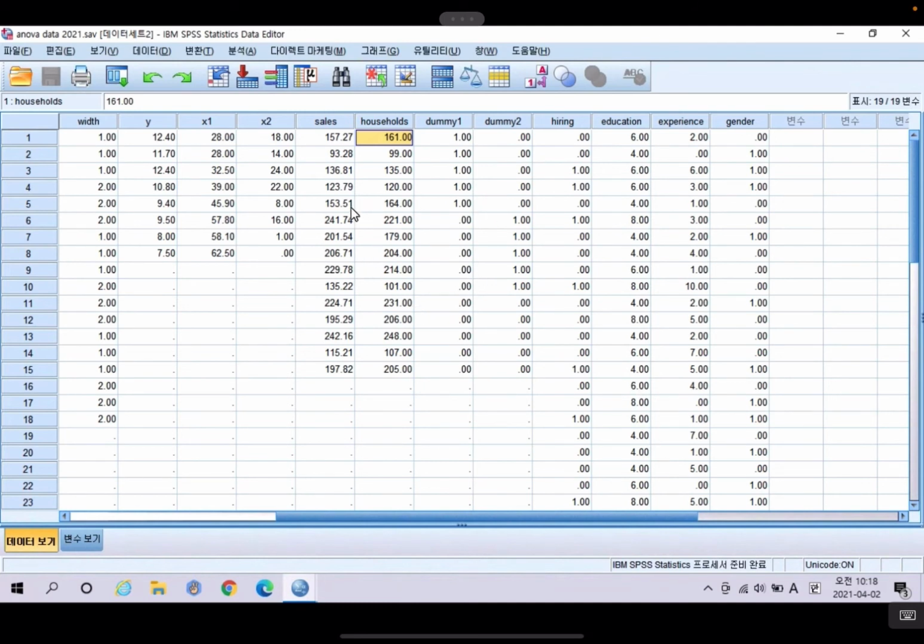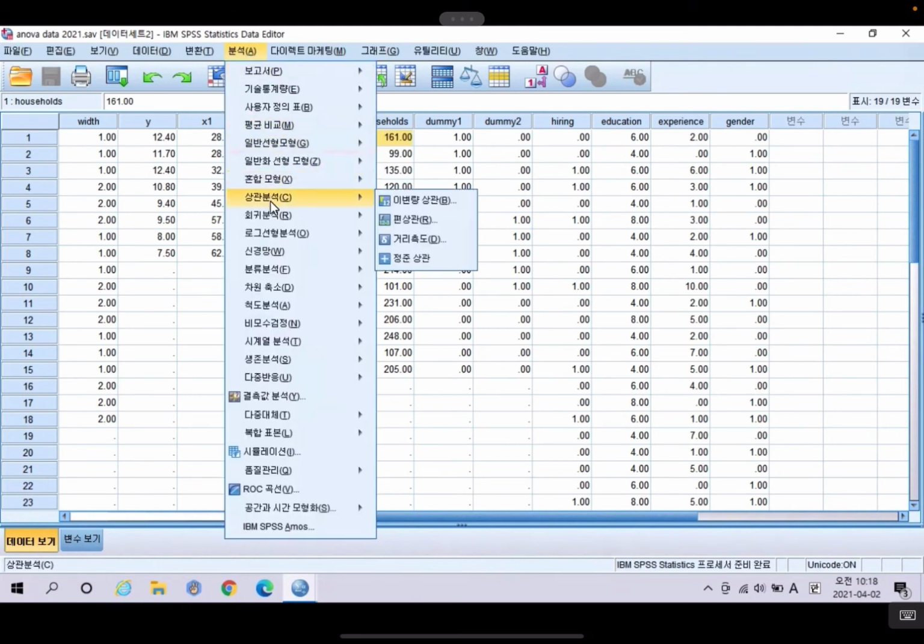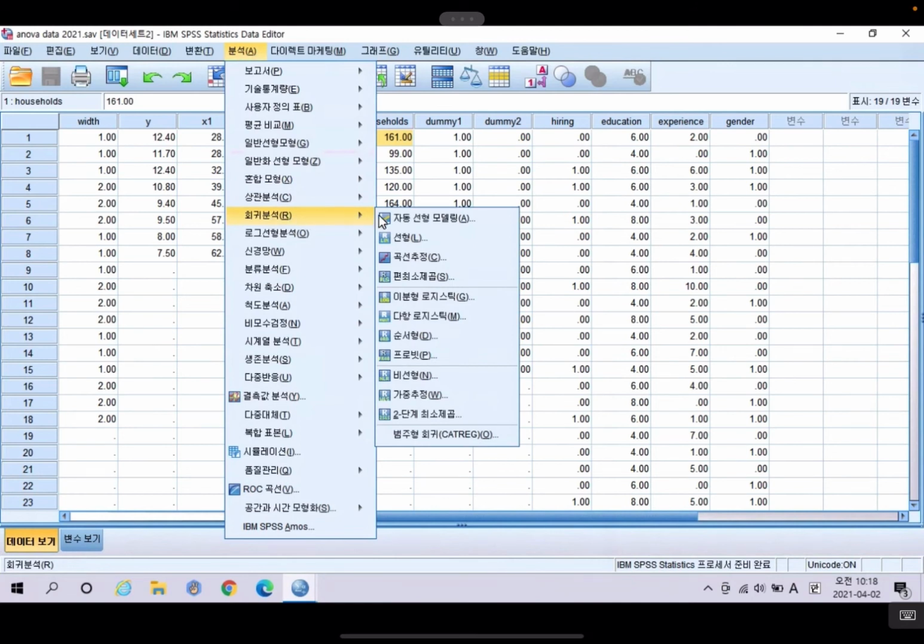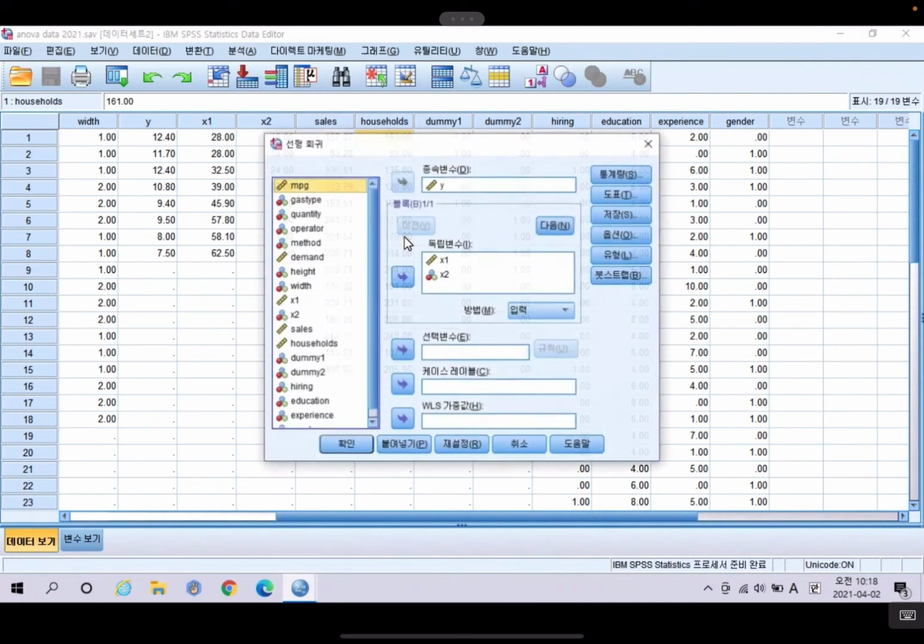So let's do the regression here. You go to Analyze, then Regression, and you select Linear. You move sales to the dependent variable, and households to independent variable, and dummy 1 to independent variable, and dummy 2 to independent variable.